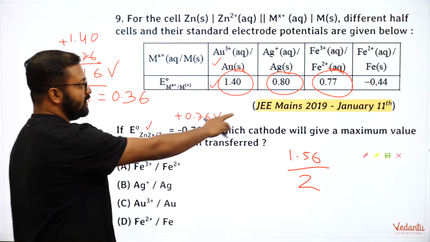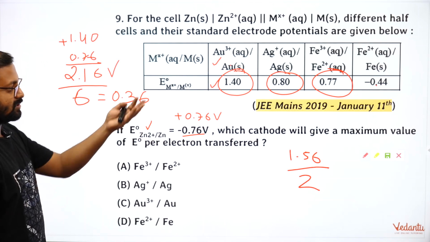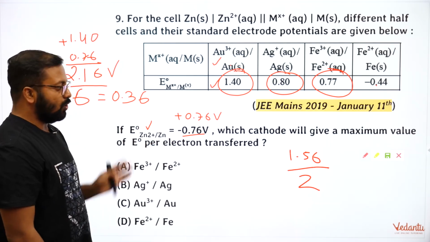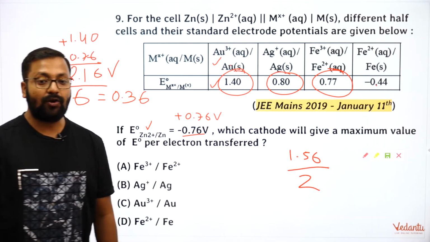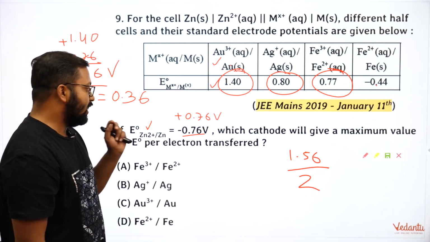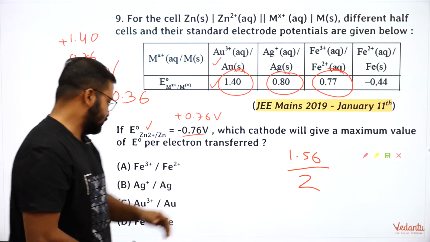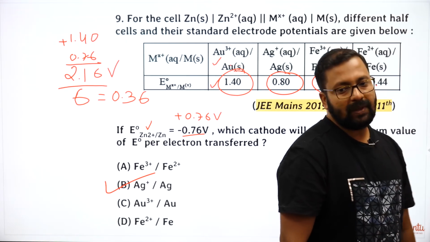So if I combine 0.76 with 0.77 and I exchange 6 electrons between the two, obviously the answer will be even smaller. So the largest value of E naught per electron turns out to be when this is coupled with the silver electrode. So the answer should be B. The answer should be B.